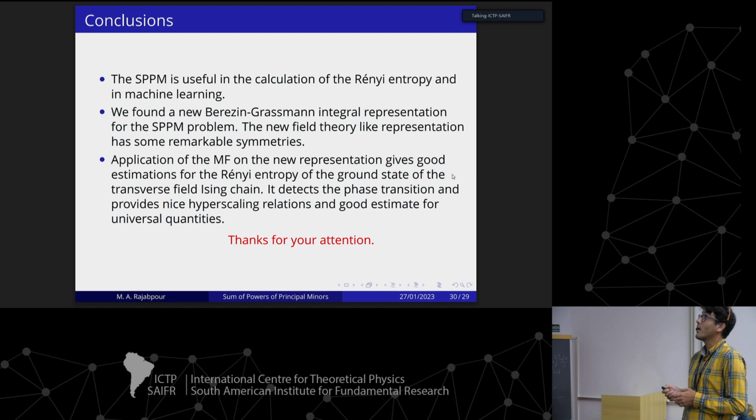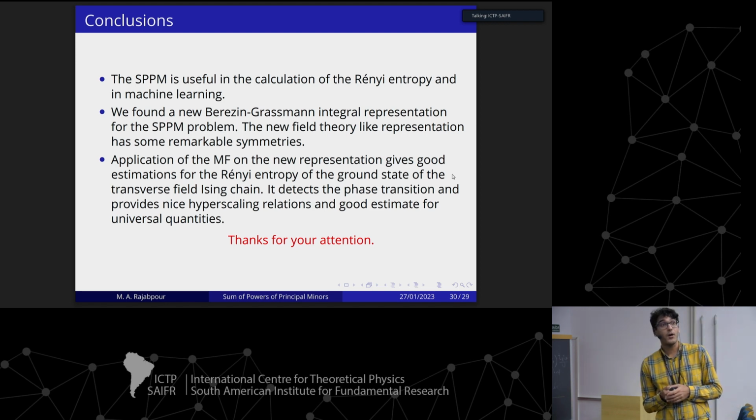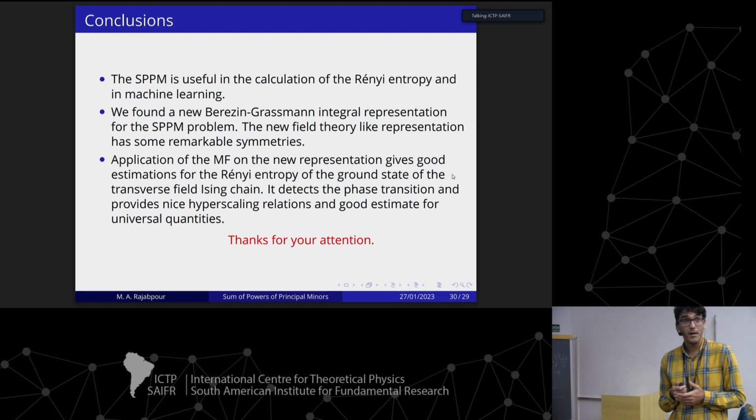The other one, I don't know how useful it will be for the problem of the Hubbard model, but the partition function of the Hubbard model is actually an SPPM problem, and also certain problems in machine learning. Then, this problem has a Berezin-Grassmann integral representation, which one can use to do a bunch of different kinds of approximations and estimation of this problem.